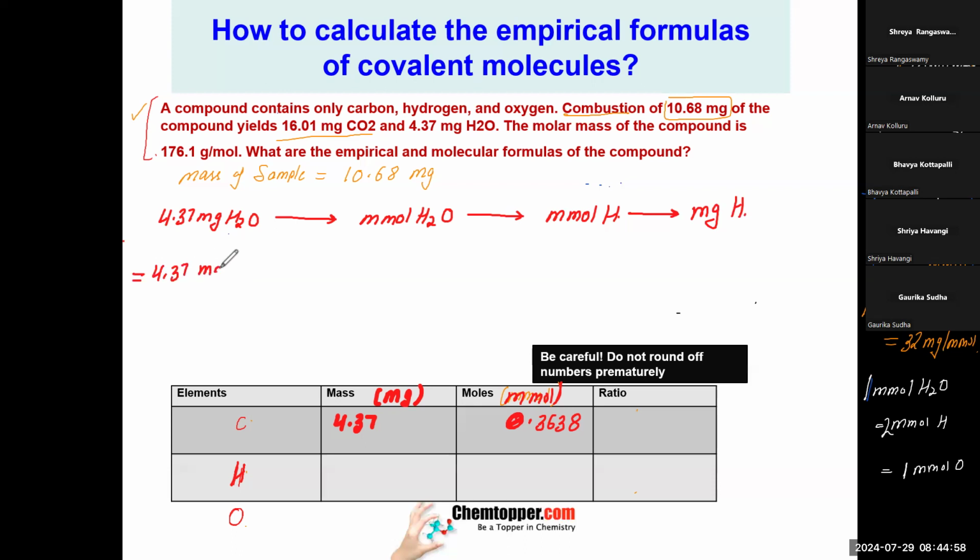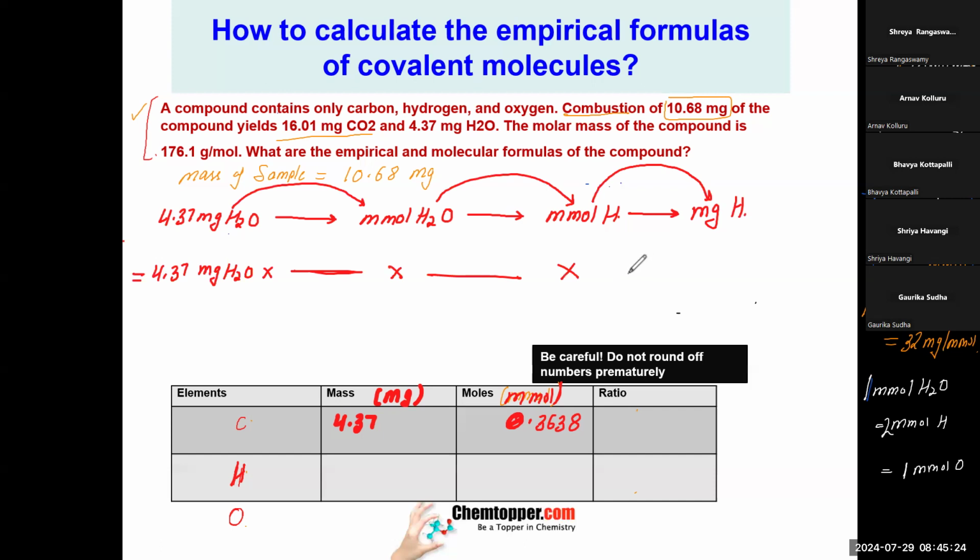4.37 milligrams of H2O. Plug in the first ratio. Second and third. I need three. Milligrams to millimoles, look at the periodic table. Check the molar mass. Millimoles to millimoles of hydrogen, look at the formula. Millimoles to milligrams of hydrogen, look at the periodic table.